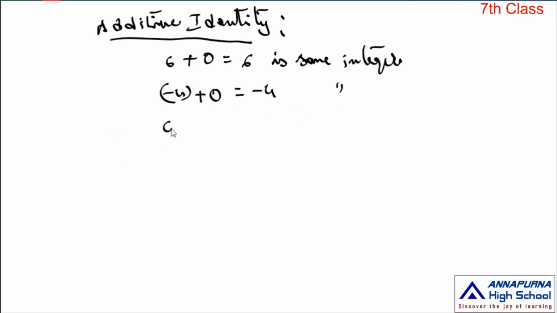Take one more example, 0 plus minus 16, which is equal to minus 16, also an integer. So if we verify it, when 0 is added to any integer, we get the same integer only.